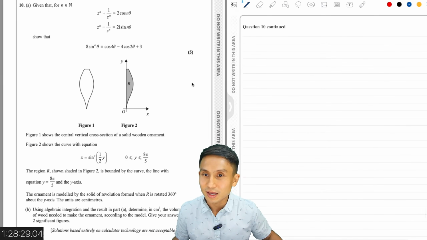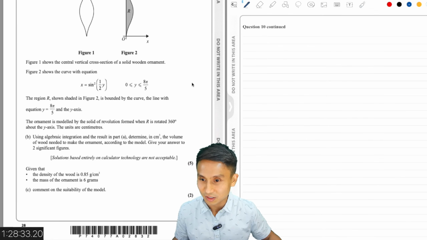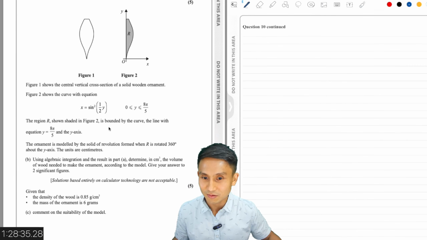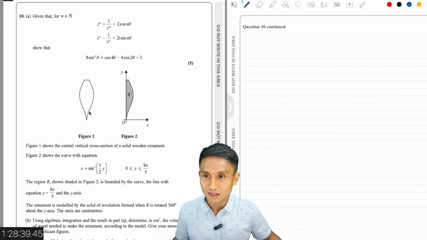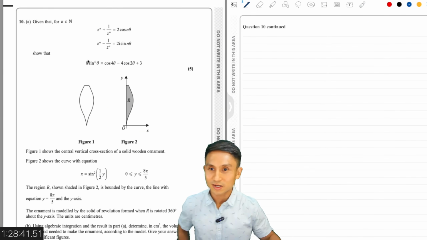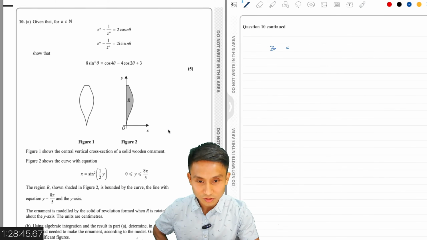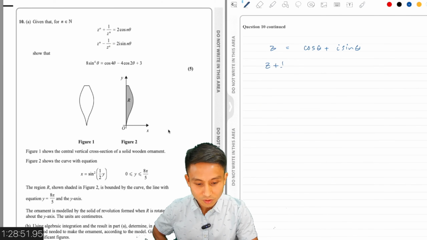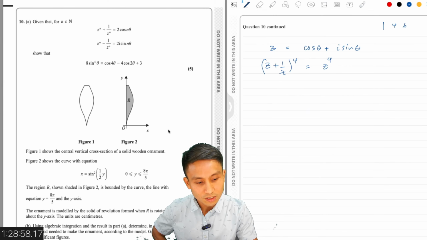Let's see. Okay, the de Moivre's. We should have skipped to this one. Algebraic integration in part A, determine. Yeah, definitely, part A we can do. So if we put z equals cos theta plus i sin theta, then z plus 1 over z to the 4 would be z to the 4, well, that would be 14641, right?